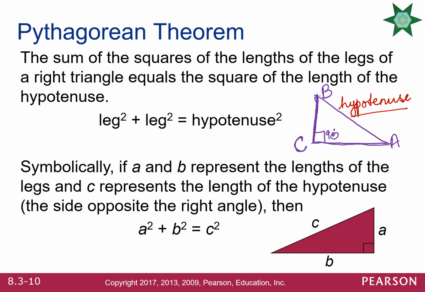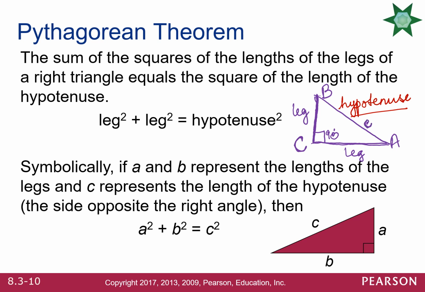The other two sides are called the legs of the triangle. We often denote the sides with lowercase letters. The side opposite angle C will be denoted as small c.